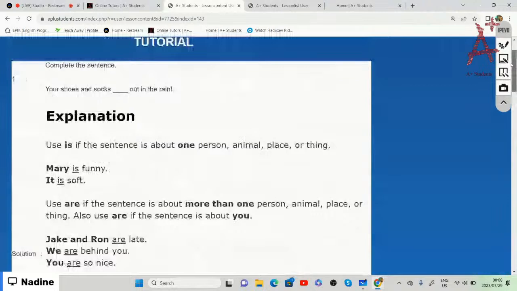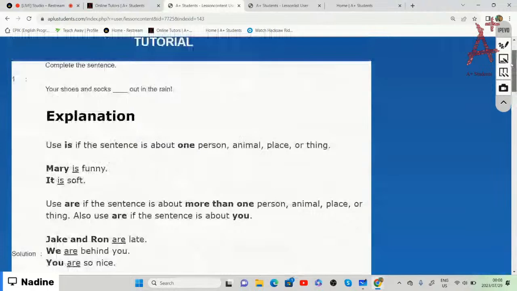"Is out in the rain." And remember, we said that if it refers to one person, then we use is. If it refers to more than one person, then we use the word are, in order to complete the sentence.